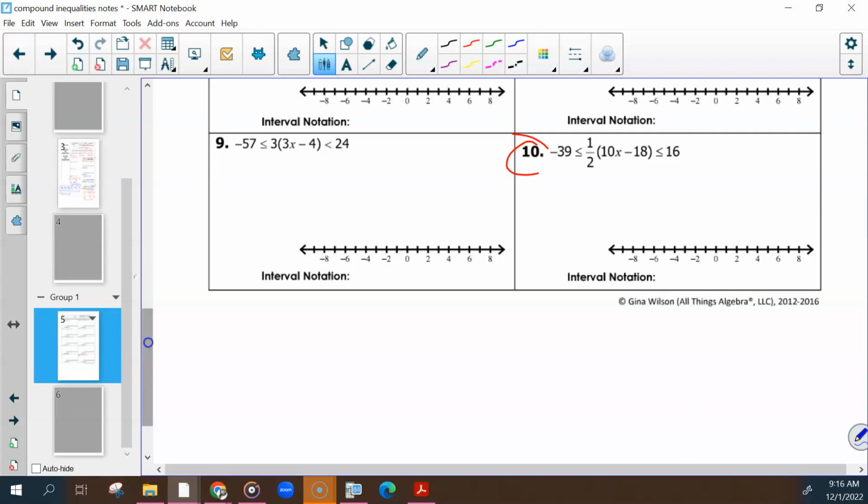Multiply. Okay. If you want to distribute instead, you can still do that. So I'm going to take this and multiply it by 2, multiply this by 2, and this by 2. The 1/2, yeah, I took it and flipped it. -78 is less than or equal to 10x minus 18, which is less than or equal to 32.